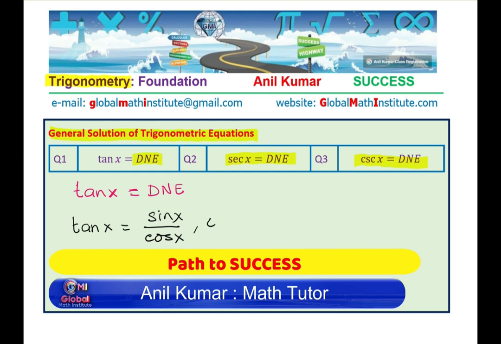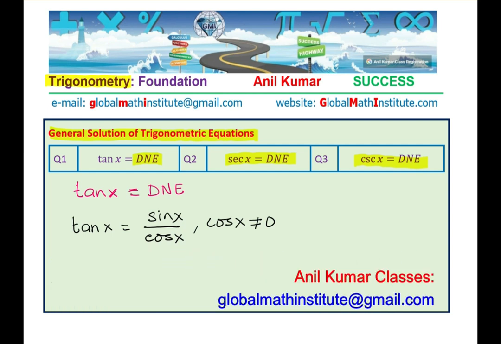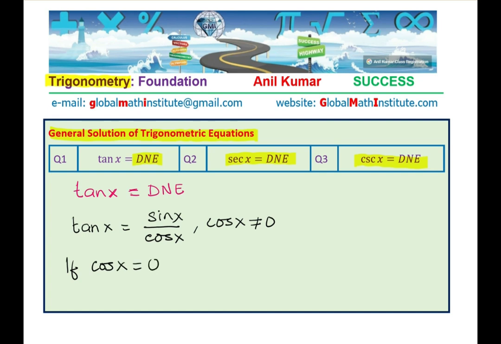And of course, cos x should not be equal to 0. Since you cannot divide by 0, so definitely the value of tan x will not exist when the x value will give cosine x as 0, right? So wherever cos x equals to 0 means tan x does not exist. Makes sense, right? Simple as that.